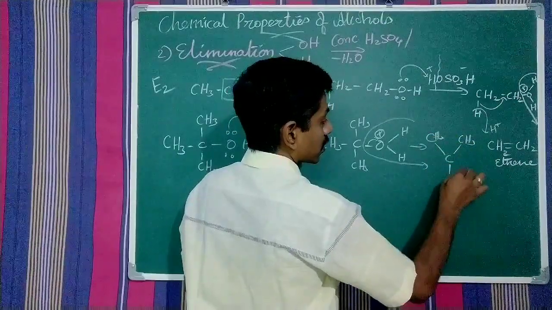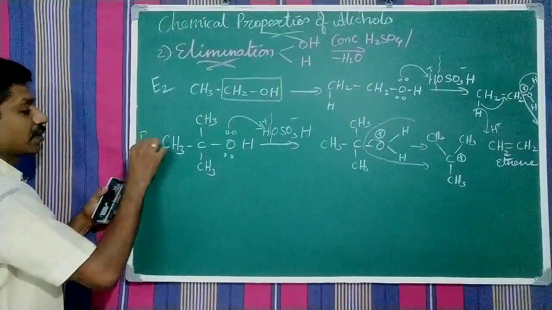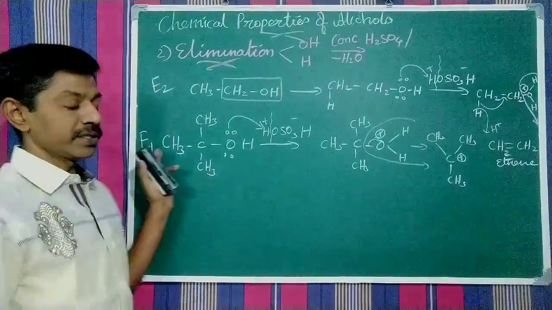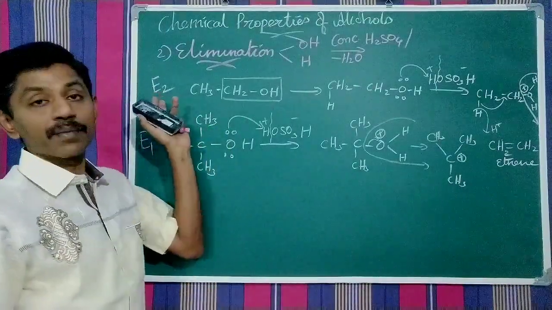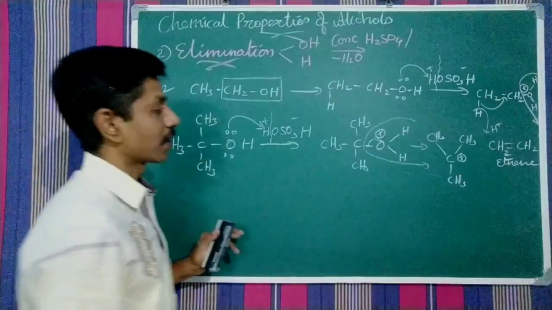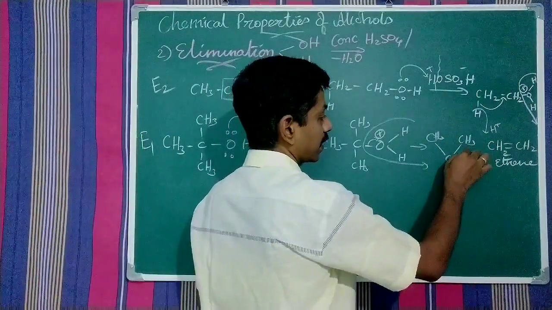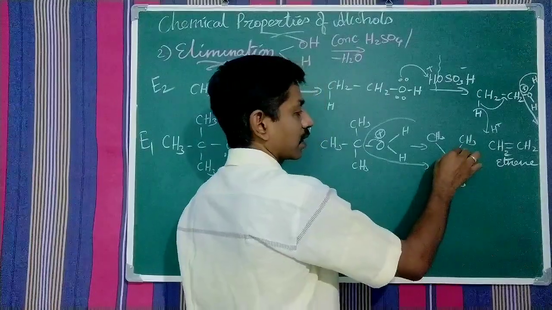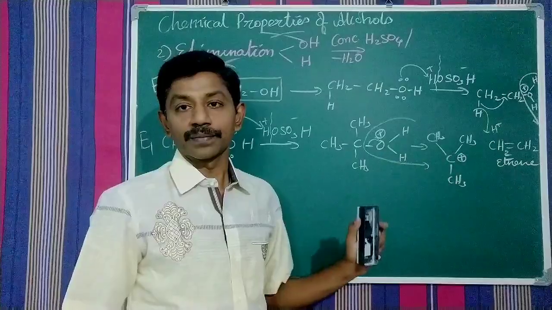So this is how the E1 mechanism will be carried out. E1 elimination, first order, elimination unimolecular, and here there is an intermediate. That intermediate is an sp2 hybridized carbocation.